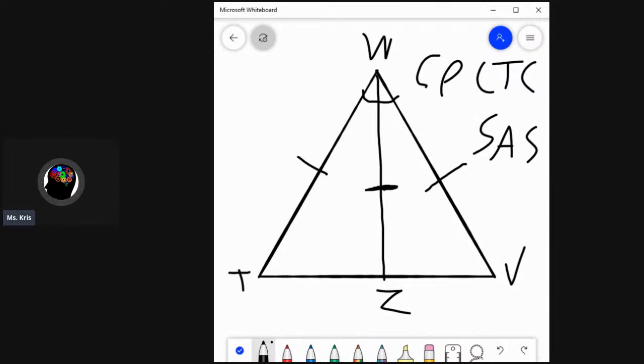So if we prove that corresponding parts of congruent triangles are congruent, well, once we prove that these triangles are congruent, we can then say TZ is congruent to VZ based on corresponding parts of congruent triangles are congruent.